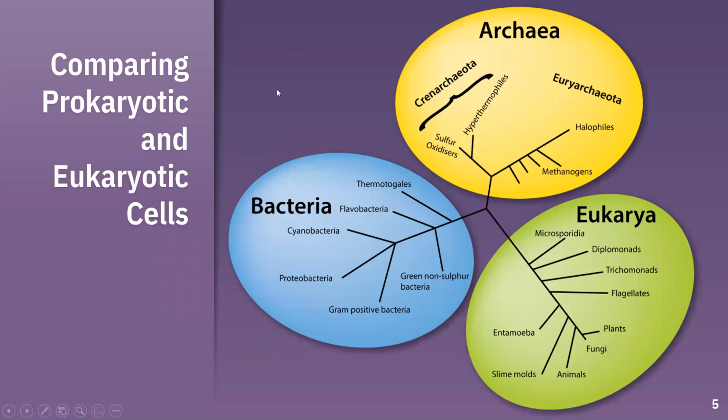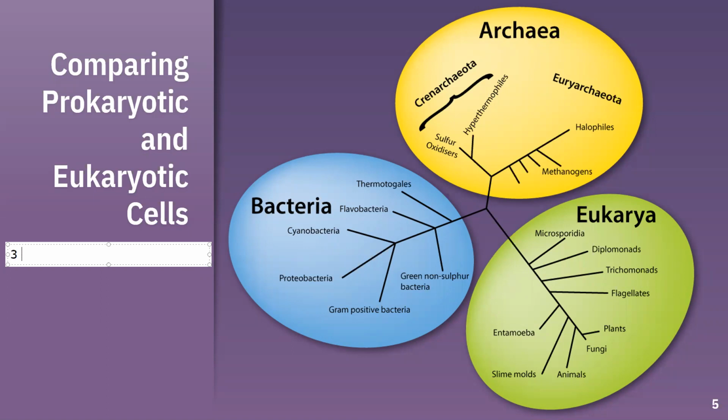So let's move on to looking at a comparison of prokaryotic and eukaryotic cells. Now, earlier in the semester, I mentioned the three kingdoms. Remember, we talked about scientific classification, putting all organisms into groupings, right?